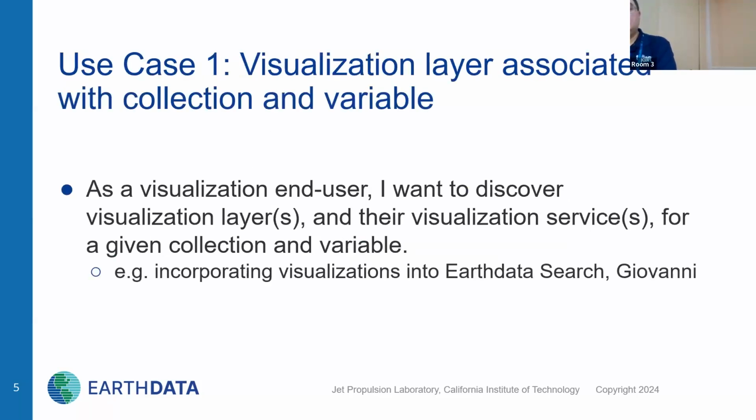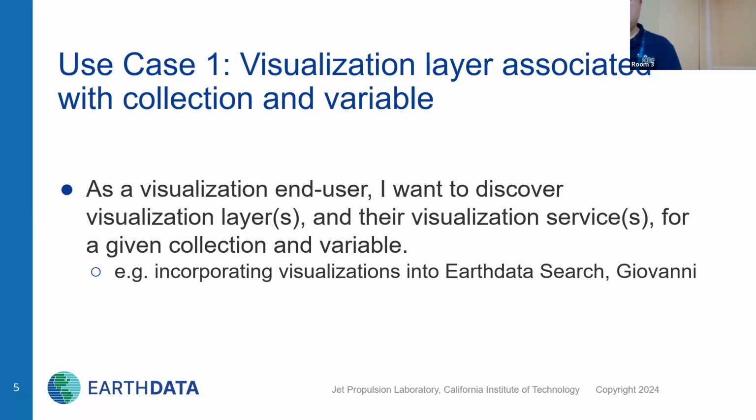We currently start off with a couple of use cases. The first use case is: if a user already knows a collection or variable, how can they discover and find out whether a visualization in GIBS is already produced, so they can go to view it.